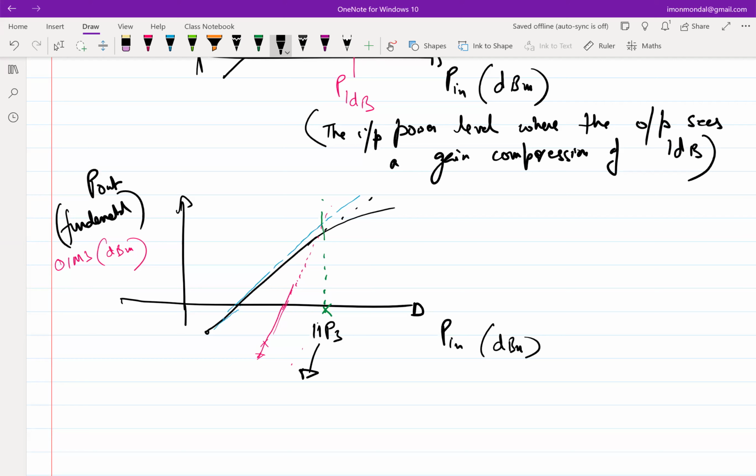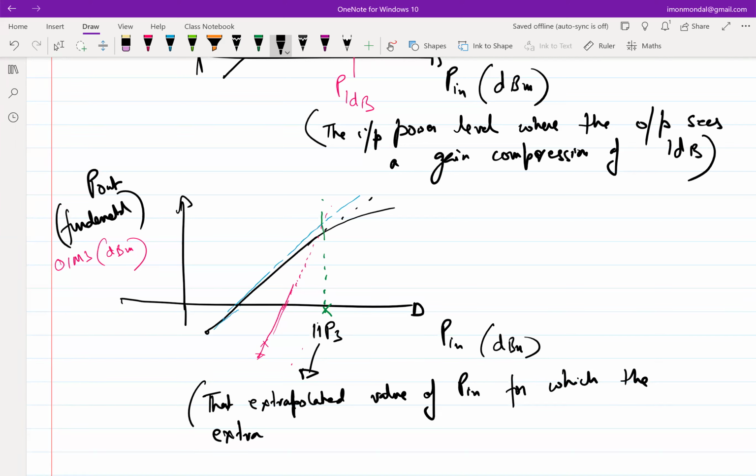So by definition, this is that extrapolated value of P in for which the extrapolated IM3 is equal to the extrapolated fundamental.